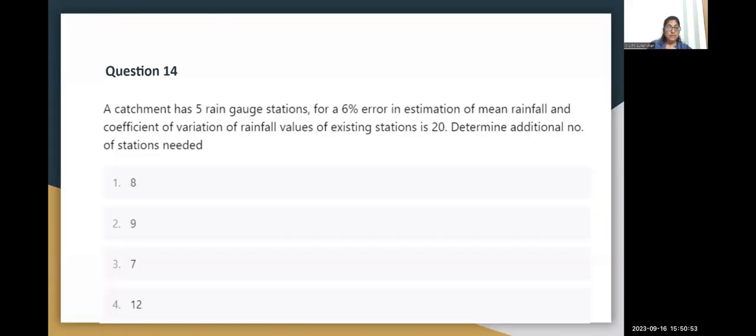Now, this is a numerical. A catchment has 5 rain gauge stations, for a 6% error in estimation of mean rainfall, and the coefficient of variation for these rainfall values is 20. Determine the number of stations required.